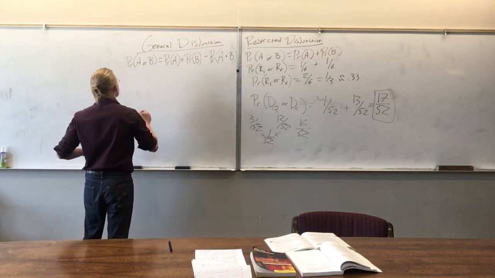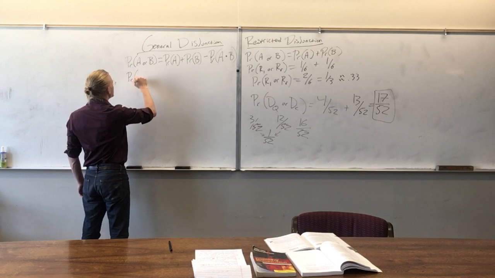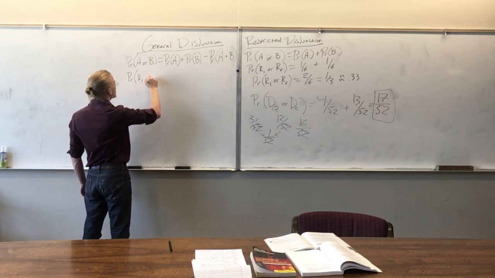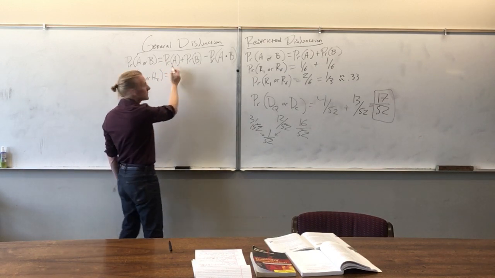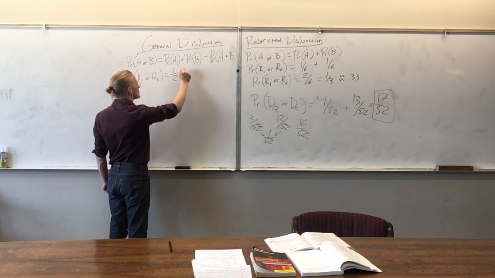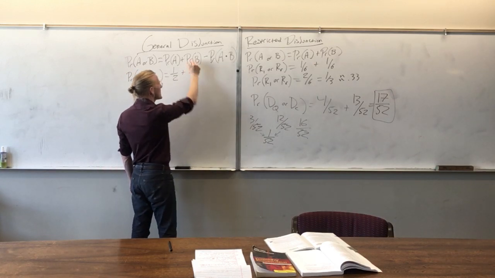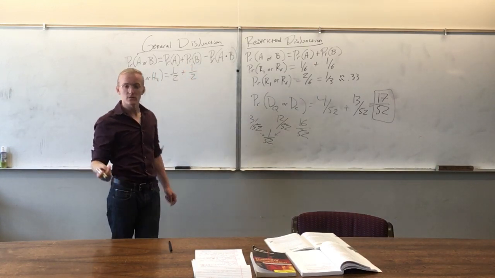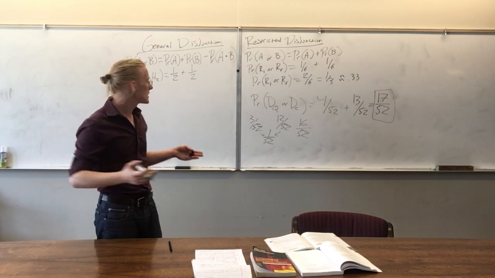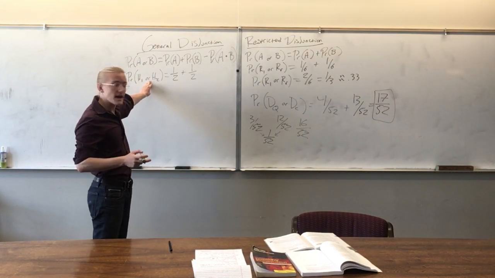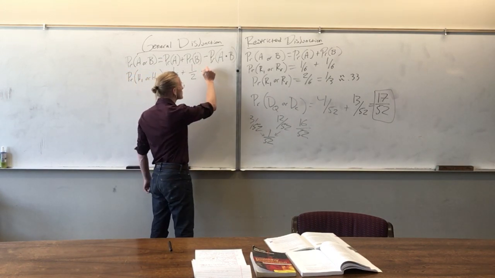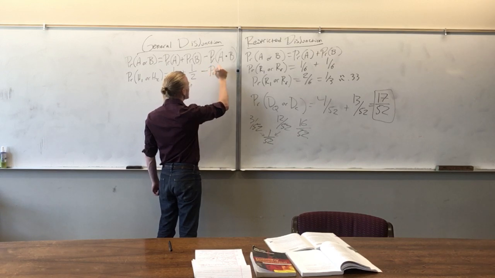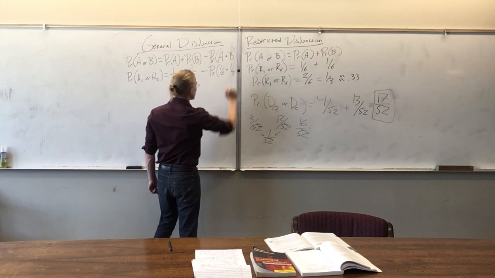So the probability of heads on flip 1 or heads on flip 2 equals the probability of getting heads on flip 1, which is 1/2, plus the probability of getting heads on flip 2, which is also 1/2, because every time you flip a coin, remember these are independent occurrences, but they're not mutually exclusive when asked in this way. But we're going to subtract the probability of 1/2 times 1/2, right?